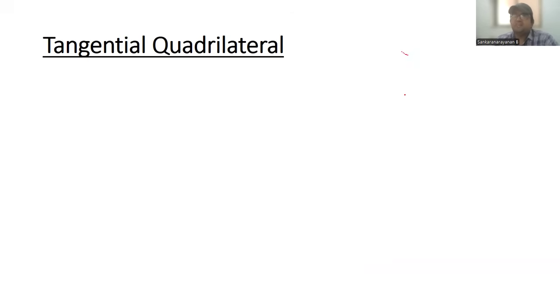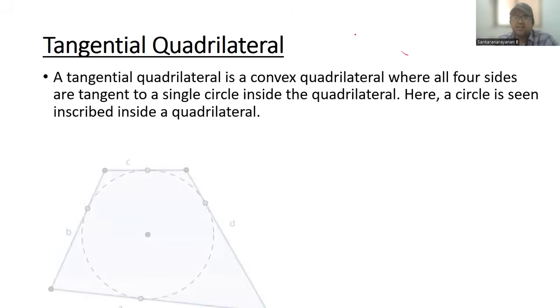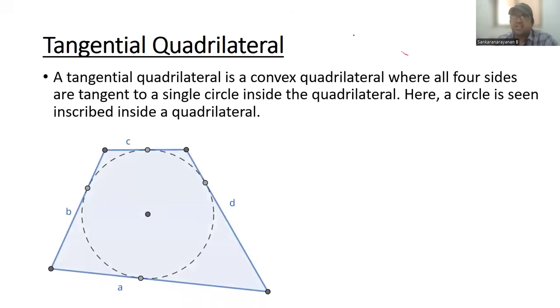Think about something happening the other way around. That is, there is a quadrilateral, and inside that quadrilateral you are inscribing a circle. That type of quadrilateral, we call it the tangential quadrilateral.